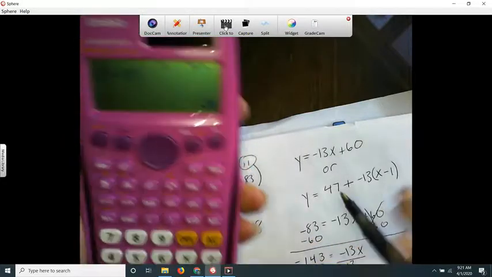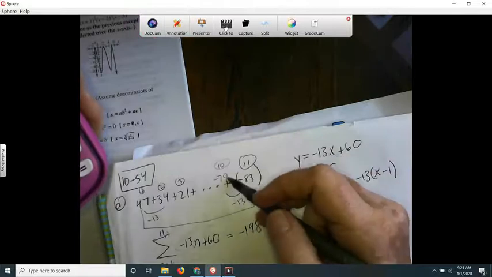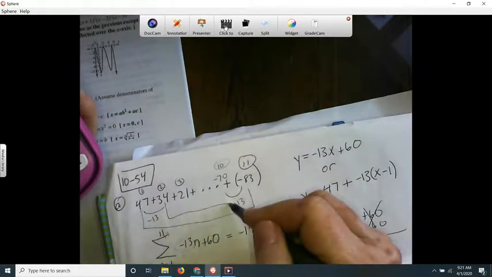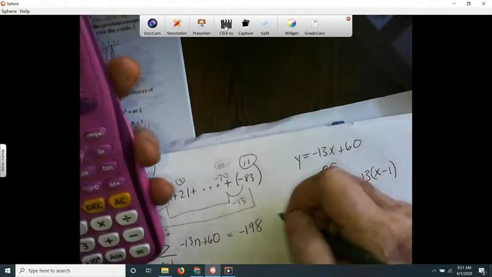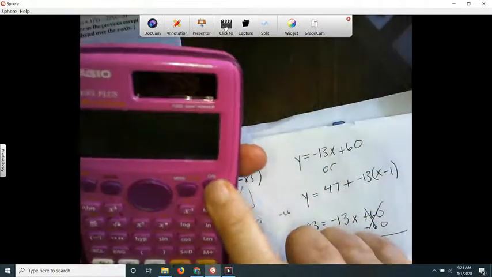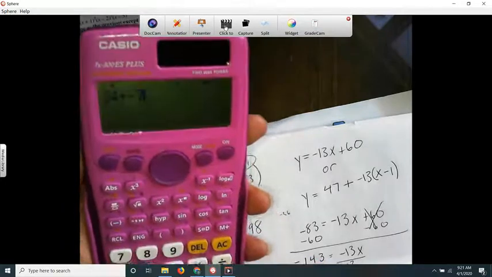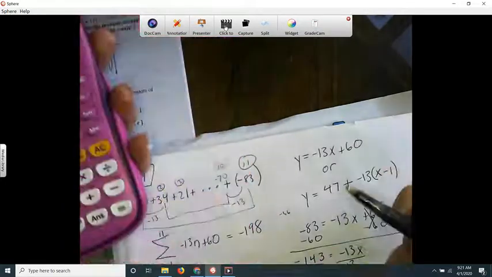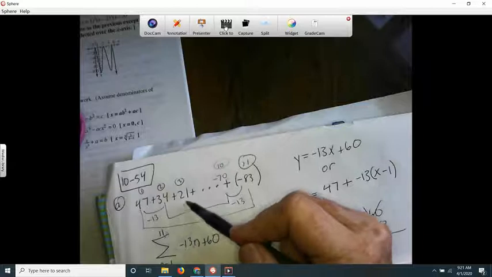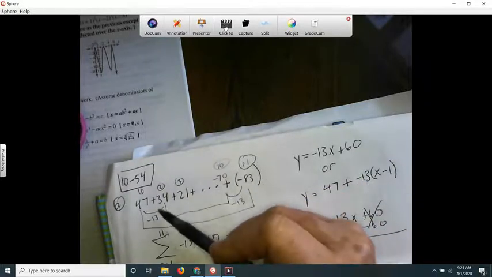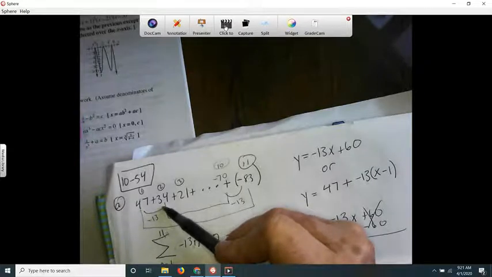That made negative 36. Well, guess what? The 34 plus negative 70, that also makes negative 36. So I hope that by this time you realize that if it's arithmetic, these are going down by 13.